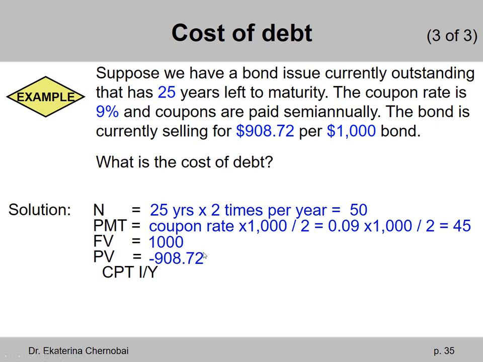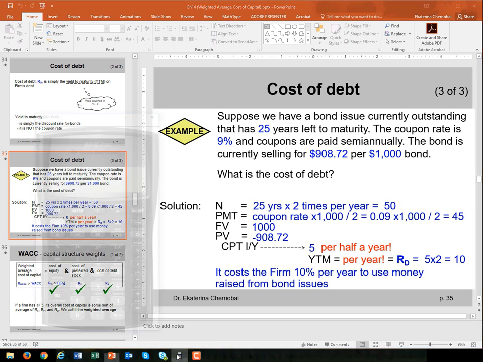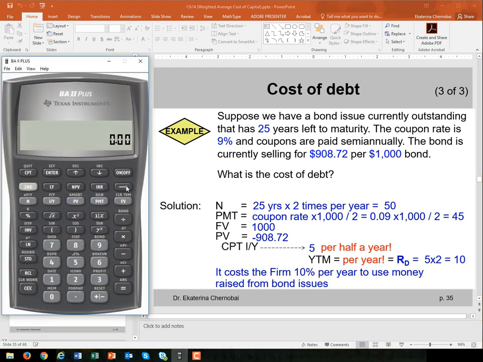Okay, so let's bring up the financial calculator. Turned on. N is 50, so I put 50 N. Then I put the payment amount, which is 45 PMT, and with the same positive sign I am entering the face value of $1,000 as my FV, future value. 1,000 FV.